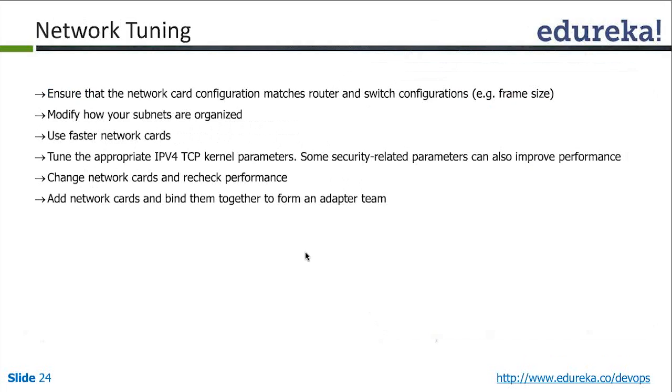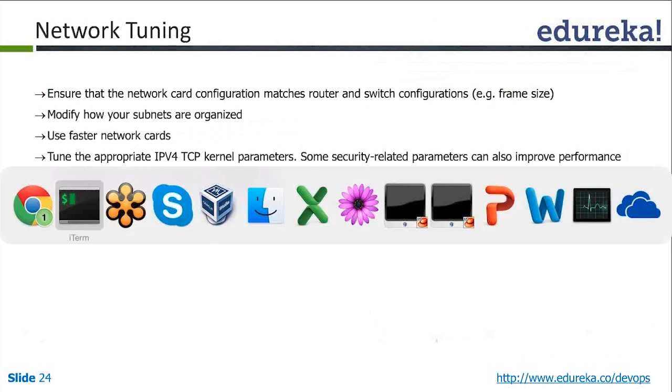Use fast network cards, of course. Today we have 10 gig, we have 40 gig, and 100 gig is also on the way. I'm not sure where we're going to use many of these things, but that's also on the way. And the other thing you can change is the buffer sizes, the send and receive buffer sizes in your /etc/sysctl.